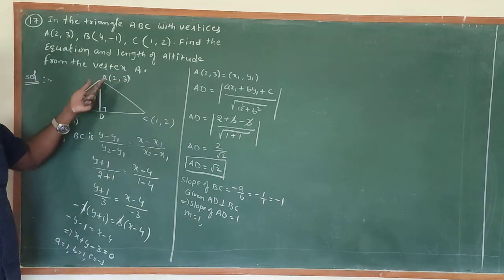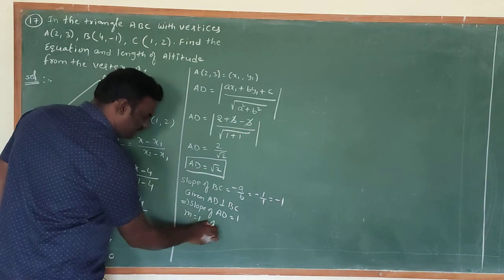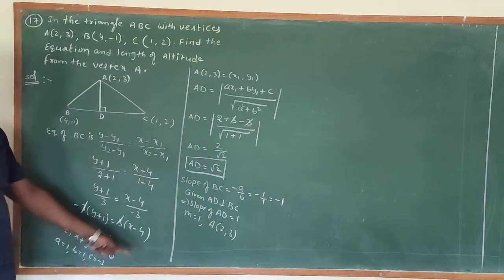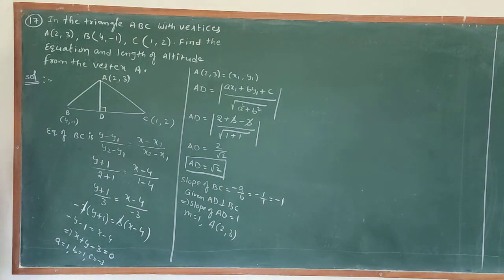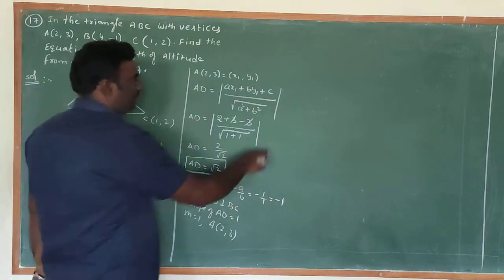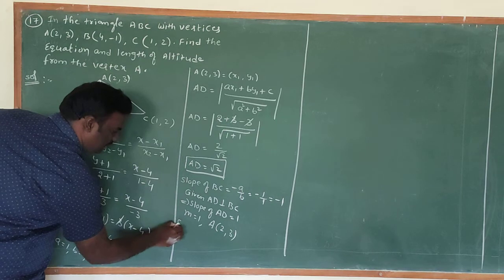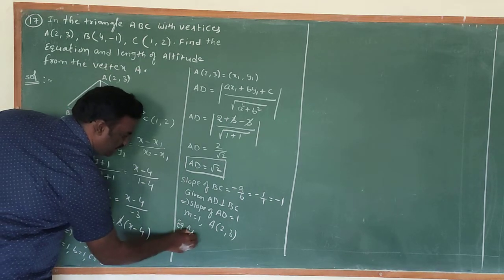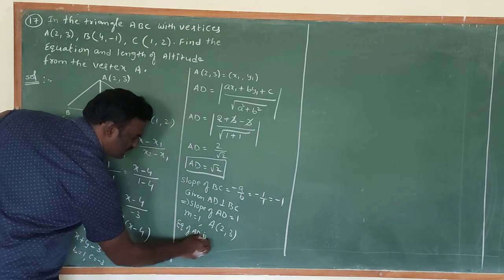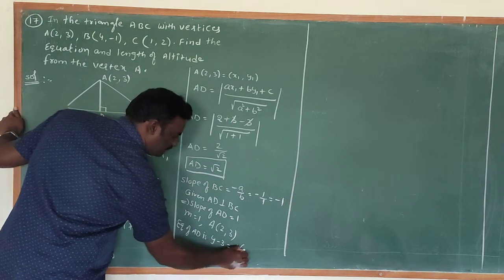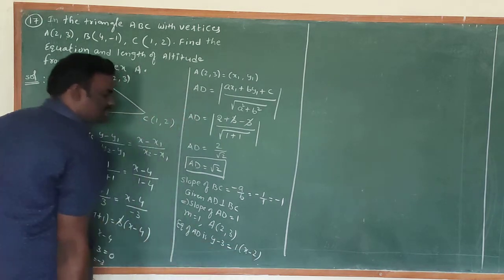And A point already we know (2, 3). Finally, we know point and slope, that's why we can apply point slope form. Therefore, equation of AD is y minus y1 is equal to m into (x minus x1).